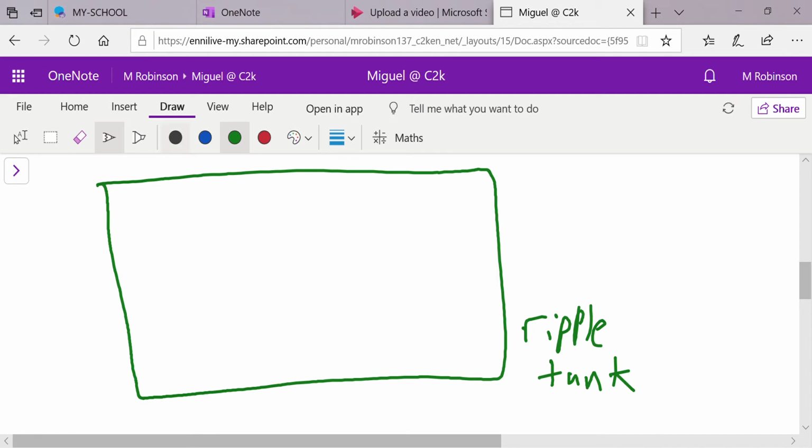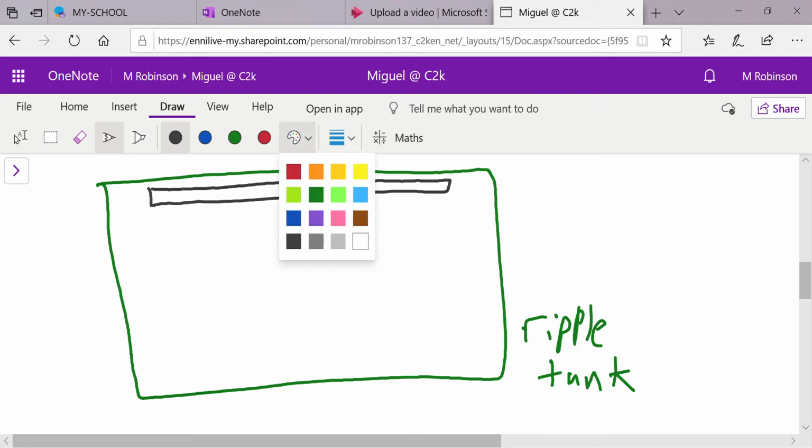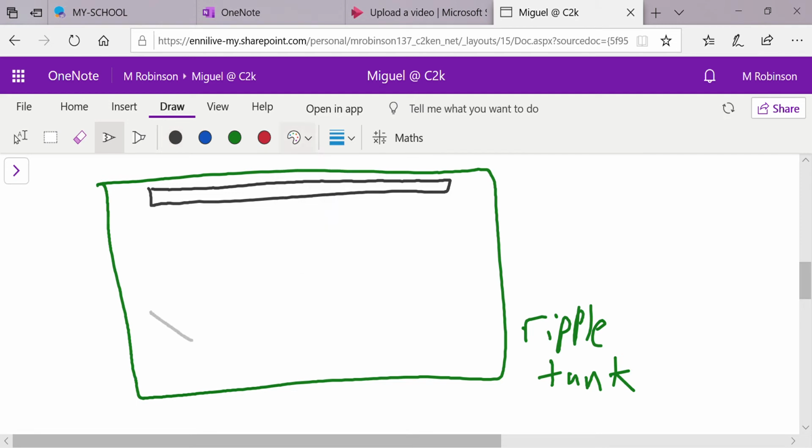And the wooden dipper making the vibrations is there. Now what I did for reflection was I took a little barrier. It's a little aluminium barrier I put there.